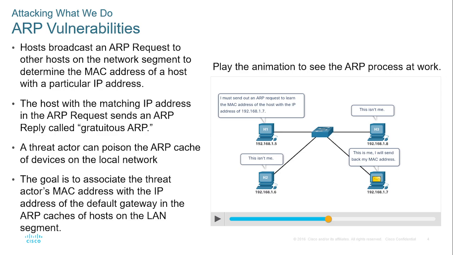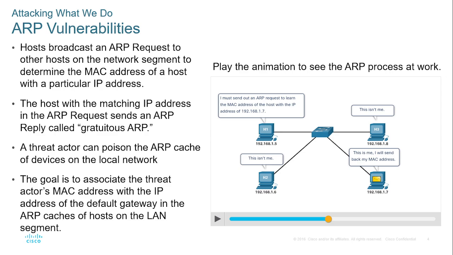What a threat actor does is use the legit host IP address as his IP address, but in real sense the MAC address is not of the legit host, but of the threat actor.